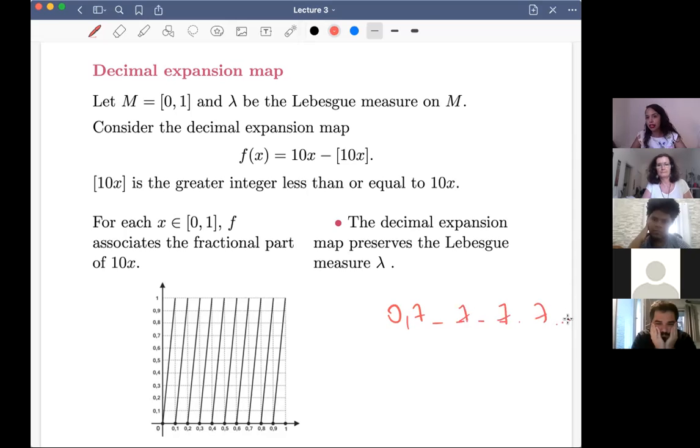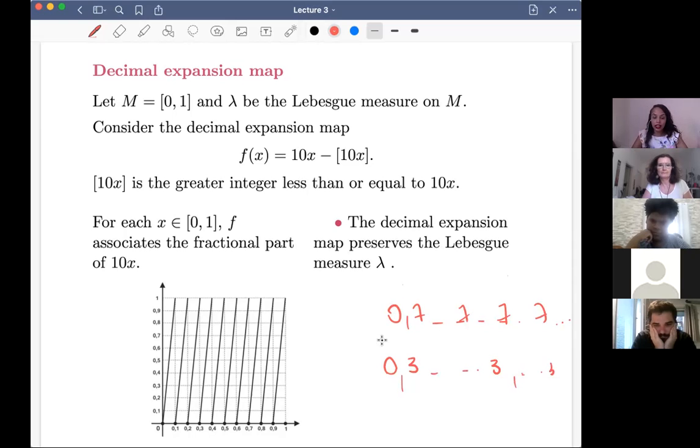If it starts with a 7, we have infinitely many sevens, almost every point. Well, 7 was not special. We could start with other digits, like 0, comma, 3, and you will have infinitely many 3s in it.